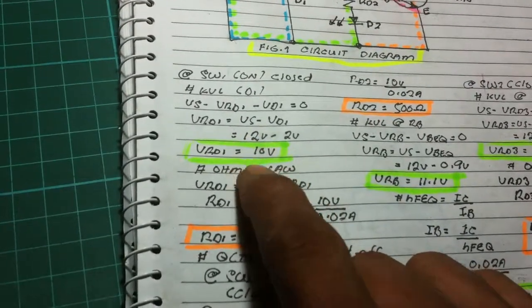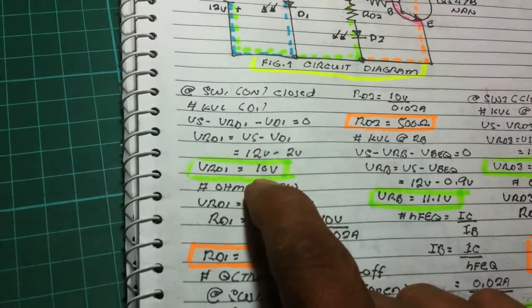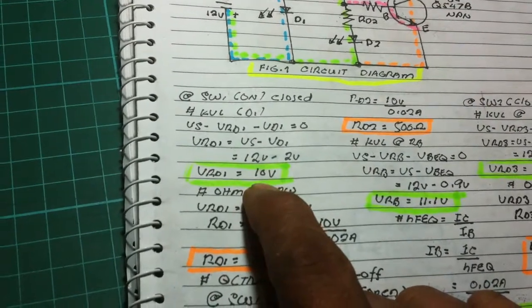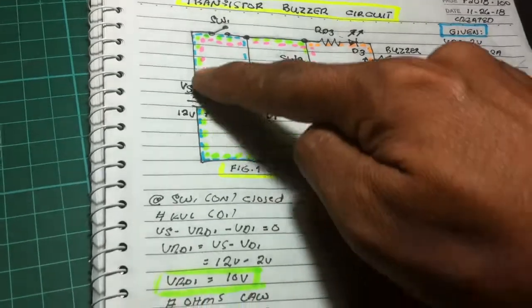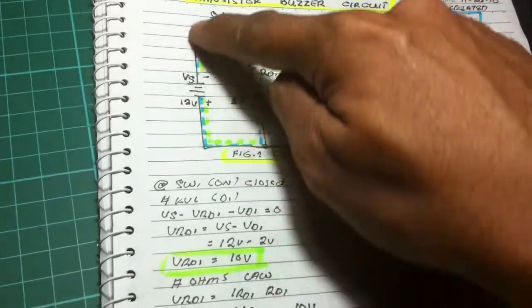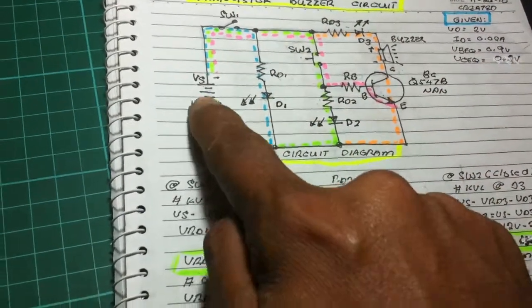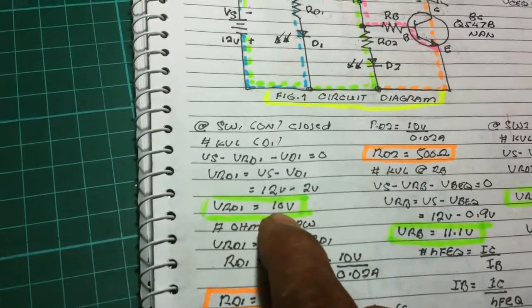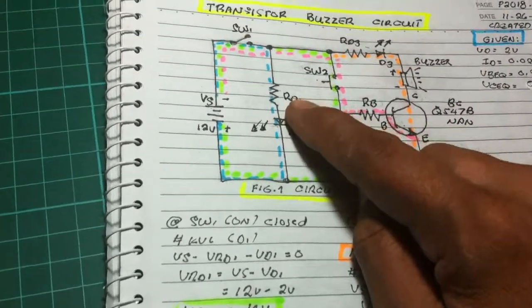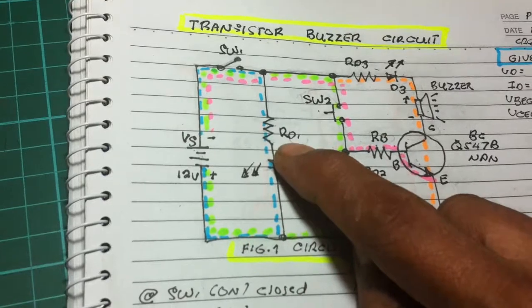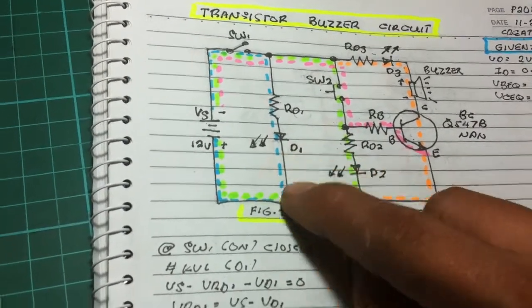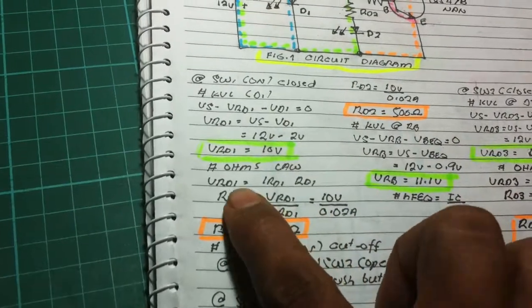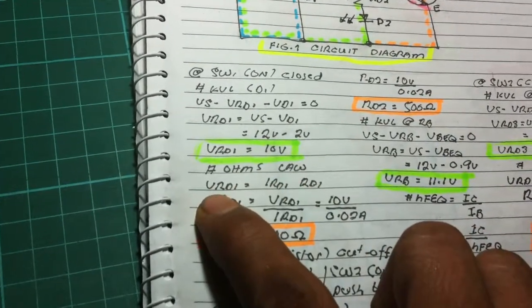So we have now 10 volts. The voltage drop across RD1 is 10 volts from KVL, first KVL here. Since we know the voltage drop across the RD1 and we know the current rating of the LED, we can now use Ohm's law.